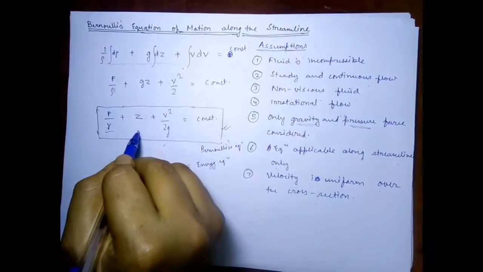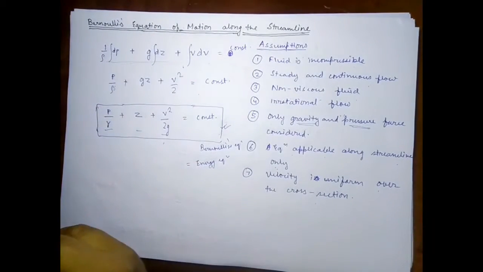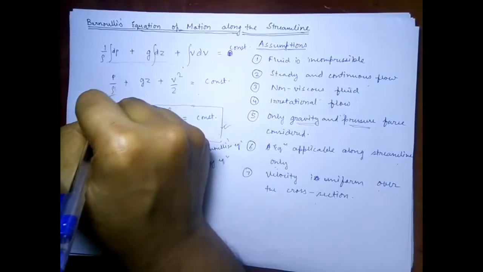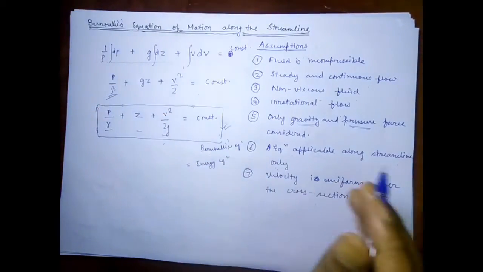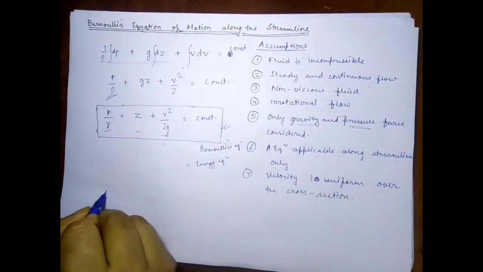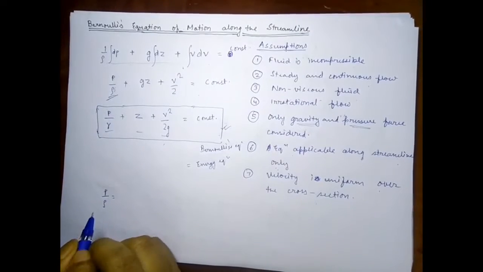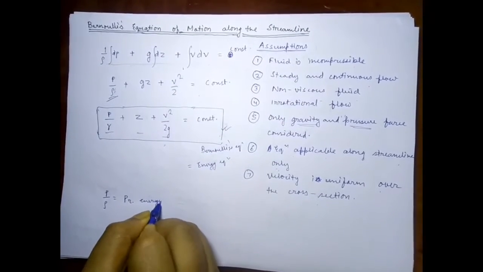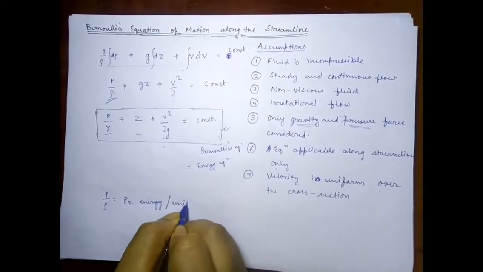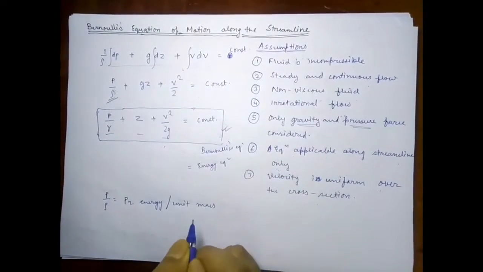And these particular terms represent particular heads, like this P by rho. This P by rho represents the pressure energy per unit mass. So this thing you will get in the notes, that P by rho is equal to pressure energy per unit mass.